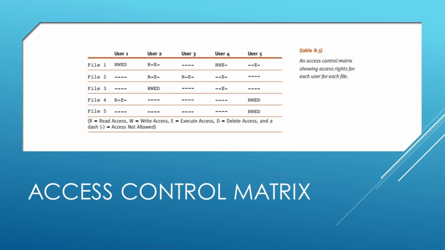The intersection of the row and column contains the access rights for that user to that file, as shown in the table above. Notice that user 1 is allowed unlimited access to file 1, is allowed only to read and execute file 4, and is denied access to the other 3 files, as shown.